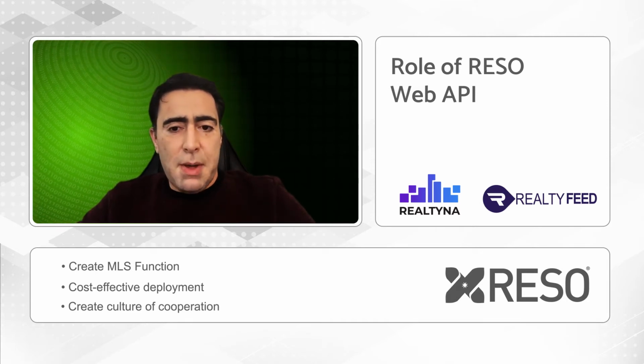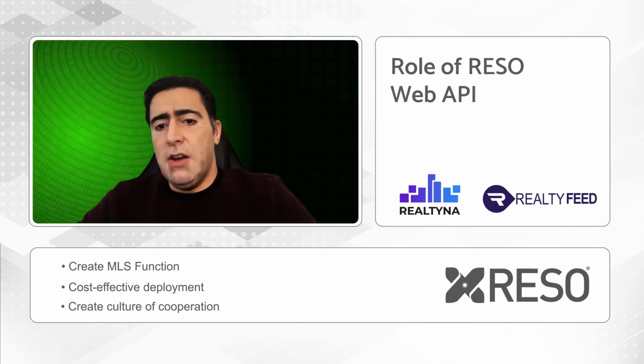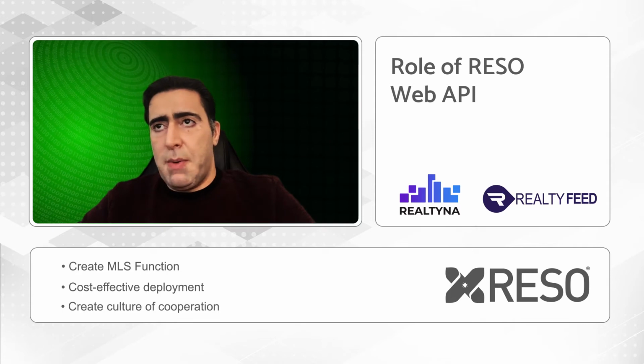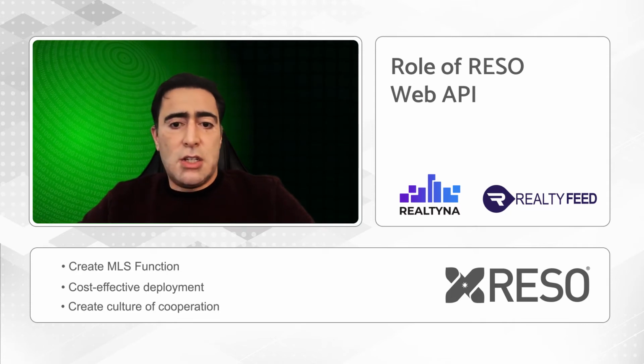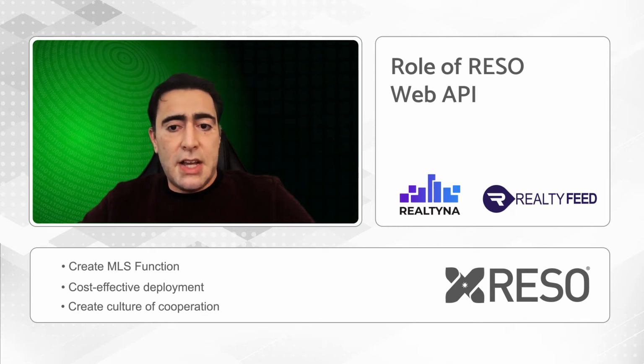So RESO Web API is a cost-effective method. We can see that the implementation is even easier. You don't need as many technical resources as you usually need for implementing RETS, with its very strange mapping function. In RESO Web API, you can have access to the documentation and the implementation way easier than RETS.